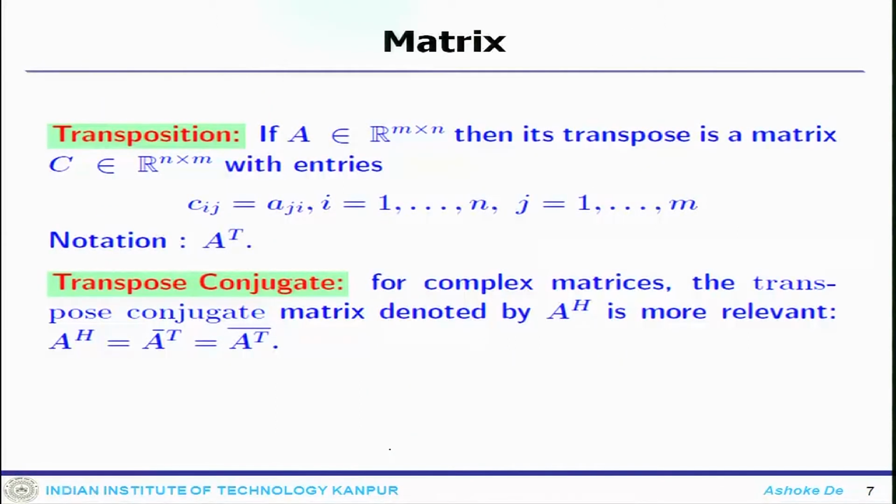Transposition: how do you write the transpose of a matrix? If A is an m by n matrix, then the transpose of the matrix would be n by m.